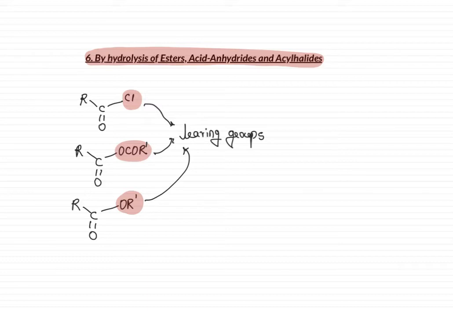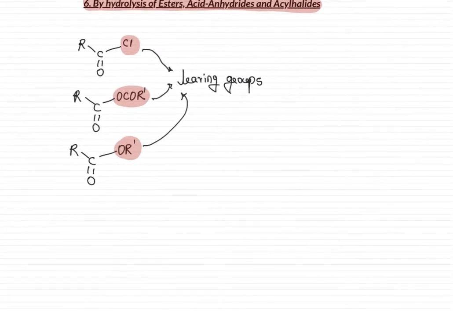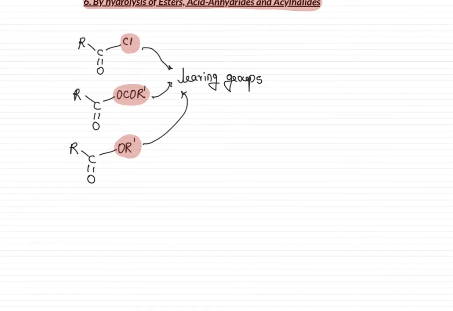Weaker a base, better a leaving group it is, right? So a weaker base would be a better leaving group. That is how it is, right? So all that you will have to know, but very quickly I'm going to show you how this works, right? So let us take up the hydrolysis part of how acid chloride can be converted into a carboxylic acid. So let us start here.